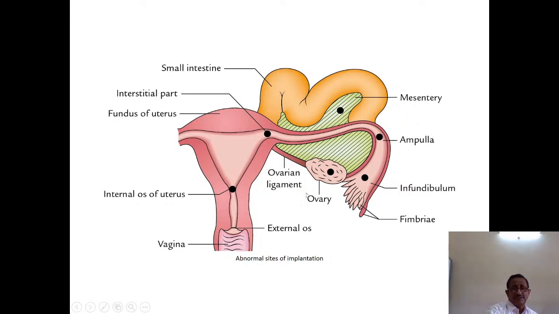So we are having the abnormal sites of implantation: the lower segment of the uterus, then the fallopian tube, the ampulla most common, then infundibulum, and then the interstitial part of the fallopian tube, and outside this we are seeing it is implanted into the mesentery, the rectouterine pouch, and sometimes in the ovary.